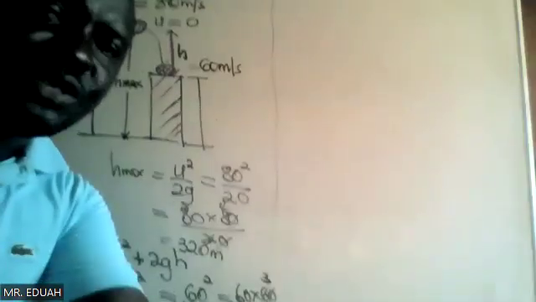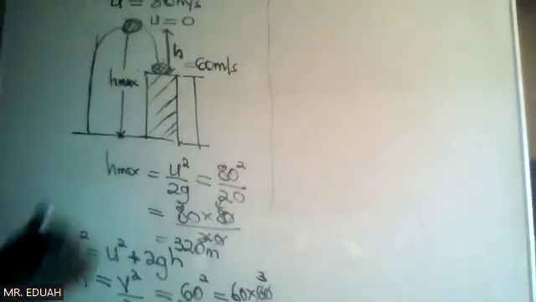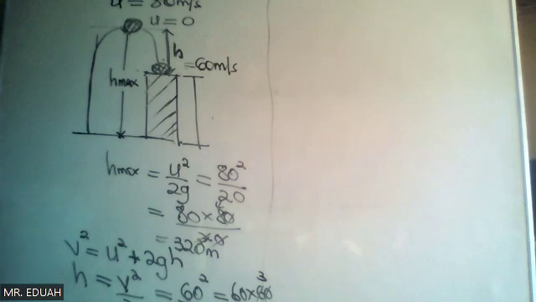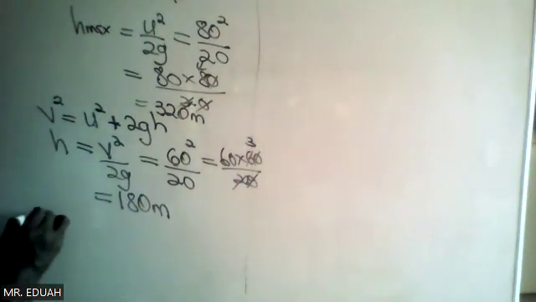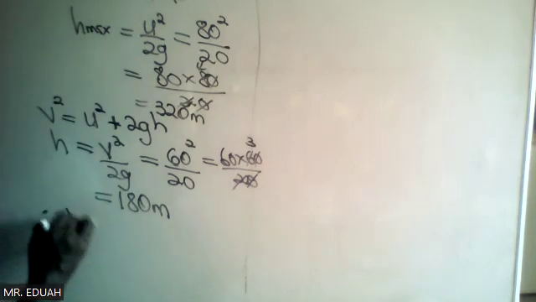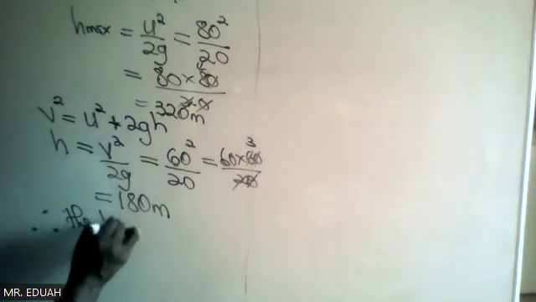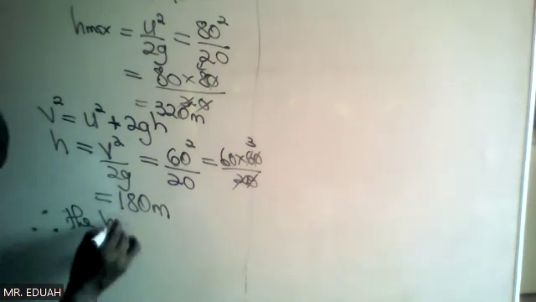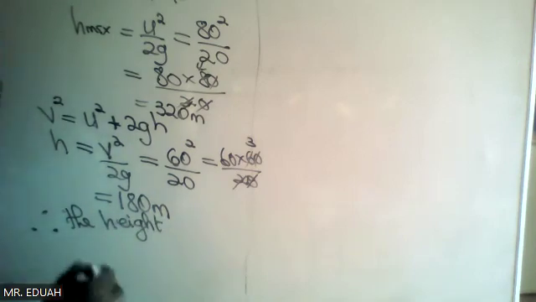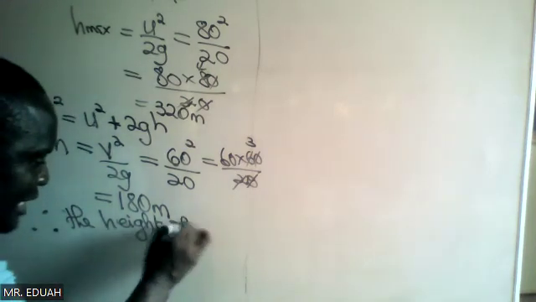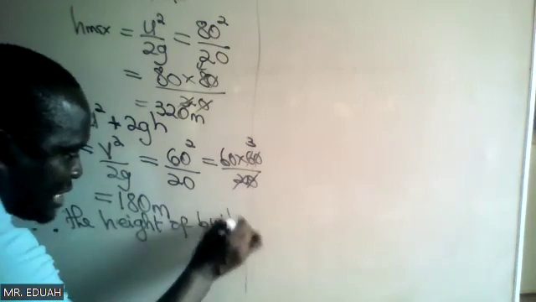If h is 180 meters, Eva, what is the height of the building? Eva. Eva. The height of the building would be, yes, Eva, I'm listening.